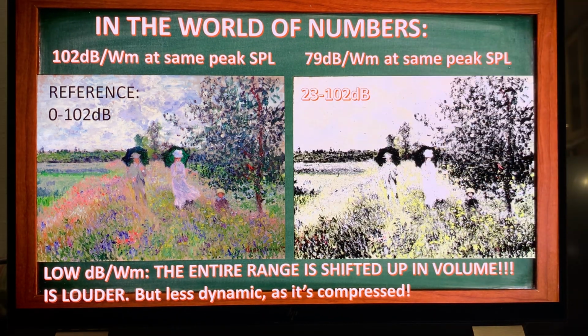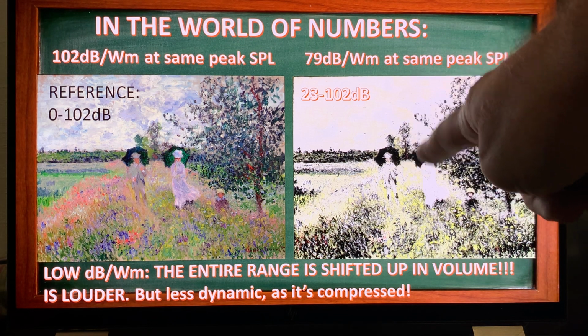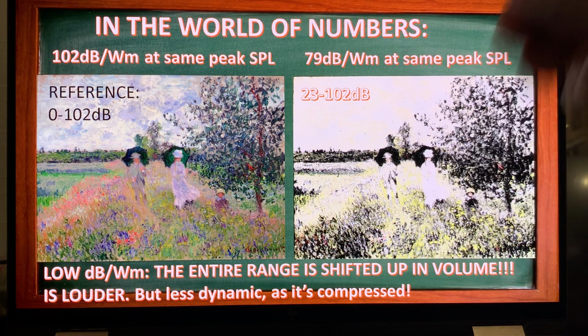So compression increases the total energy of the product, basically. So what's happening is that even though I am playing it back at the same max SPL level, the compressed loudspeaker will sound much louder.